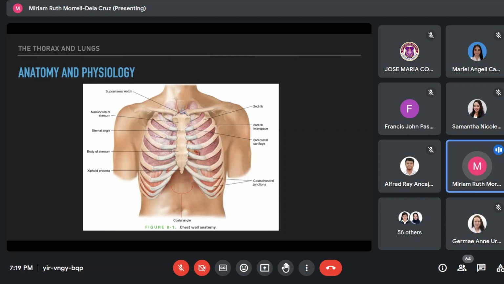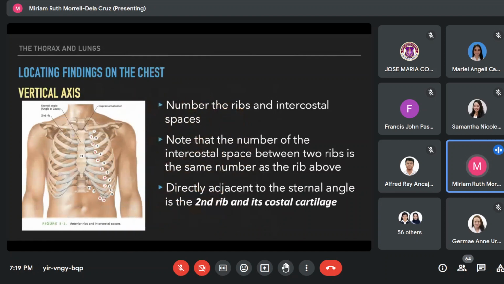So this is the chest area, and here are the landmarks. I'm sure you already have memorized that during your previous year. So hopefully you still recall these areas because they will be of good use to you again when you discuss physical diagnosis.